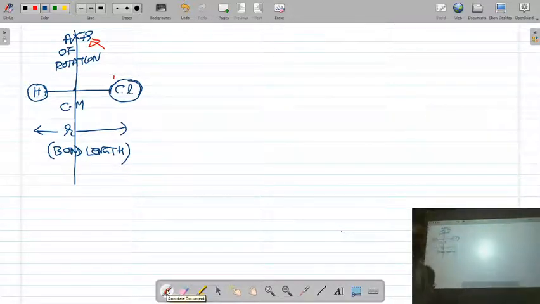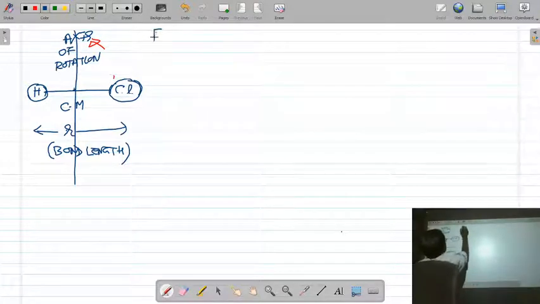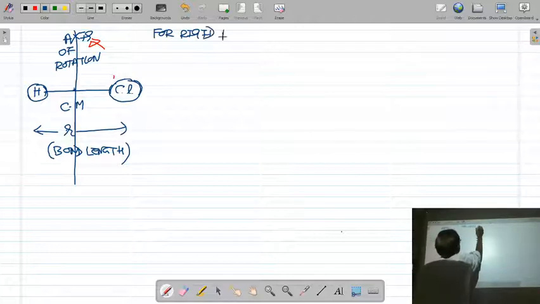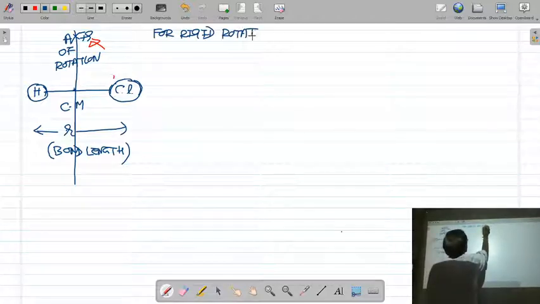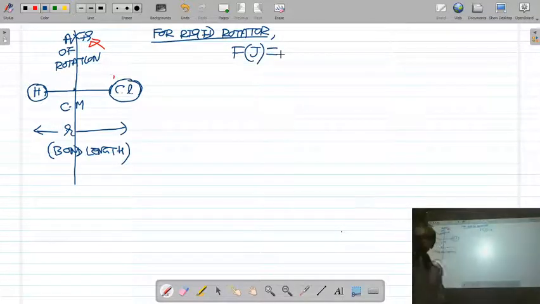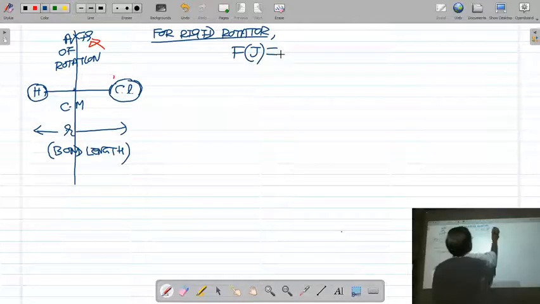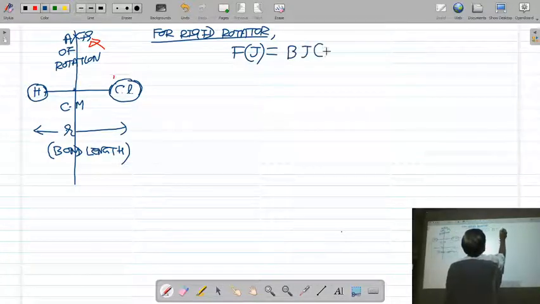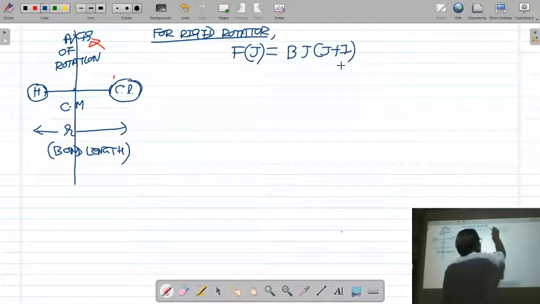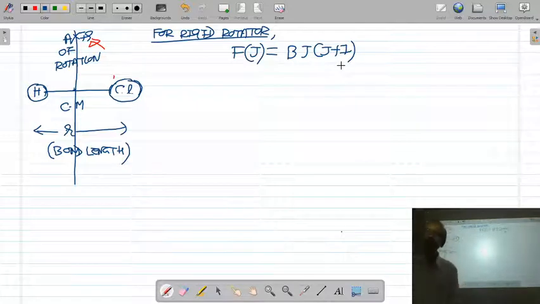Now we have studied that for a rigid rotator, the rotational wave number Fj is given by Bj(j+1), where B is the rotational constant and J is the rotational quantum number.